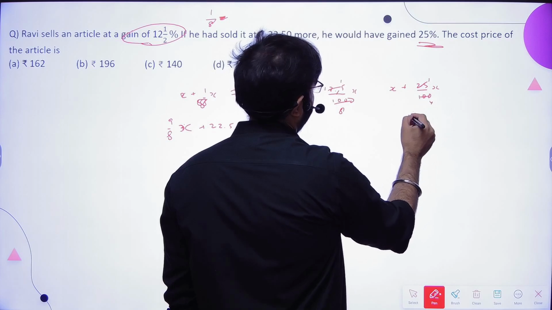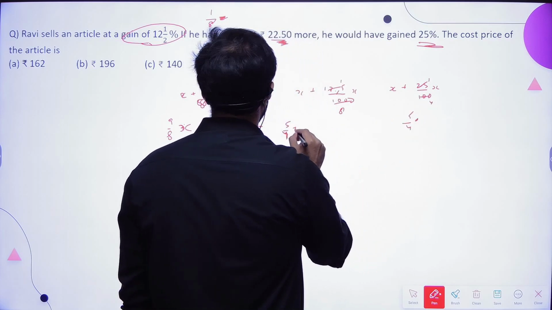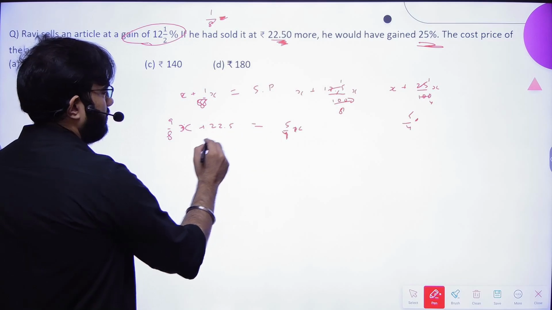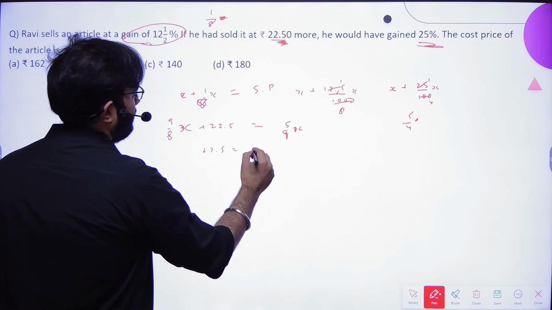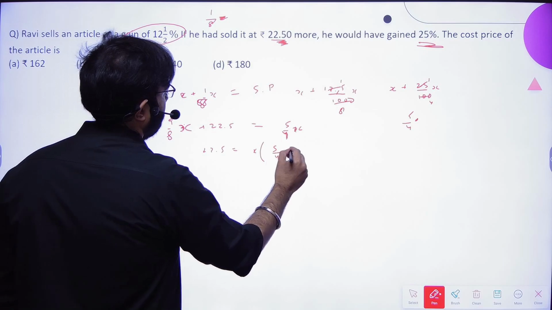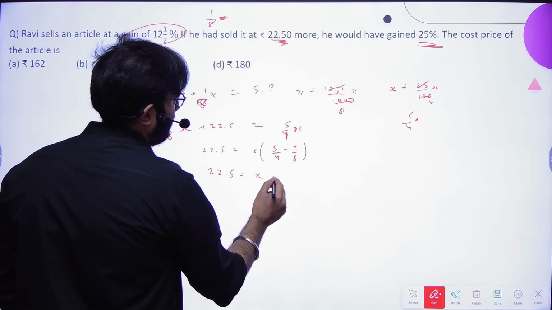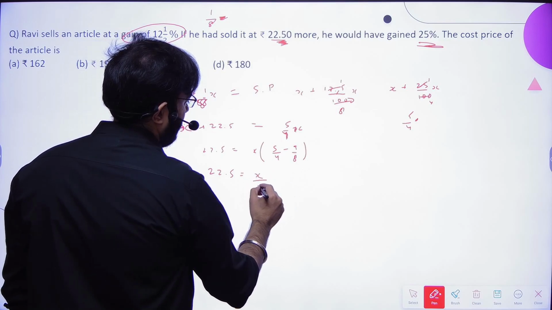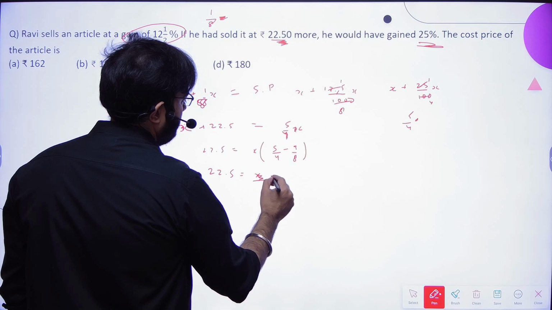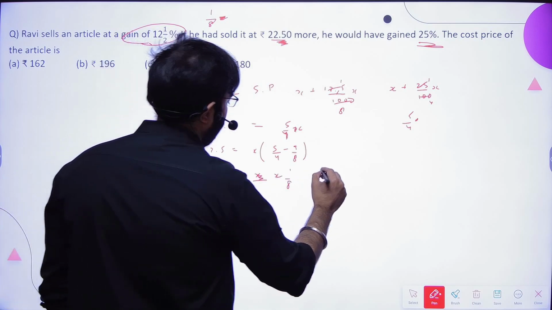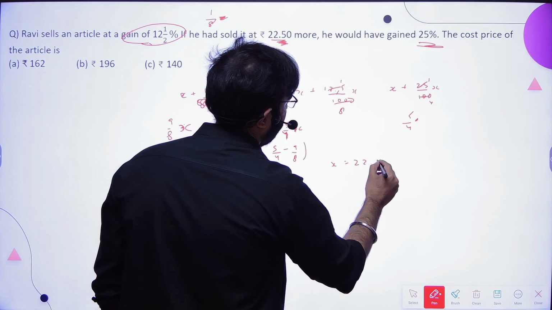So we get 5 by 4 x. Now it will become very easy. So 22.5 is equal to x into (5 by 4 minus 9 by 8). Okay, 22.5 is equal to x by 8, and x will be 22.5 into 8.